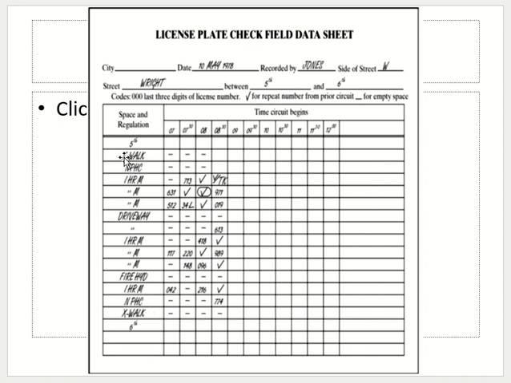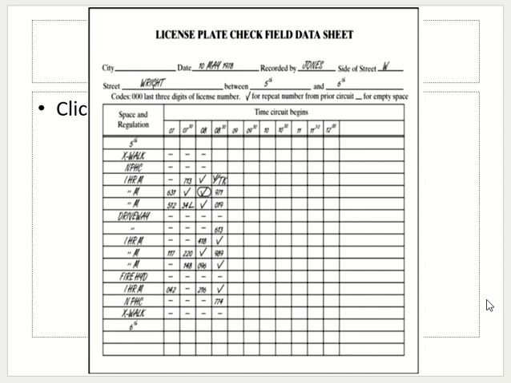This is an observation sheet. So here you have the space, here you have the intervals, okay, and if the space is unfilled, then you put a dash there. If the space is filled, you put the license plate number, the registration plate number of the vehicle, and if the space is filled in the next interval by the same vehicle, then you put a tick there. So a tick means it's the same vehicle, because we need it for the duration.